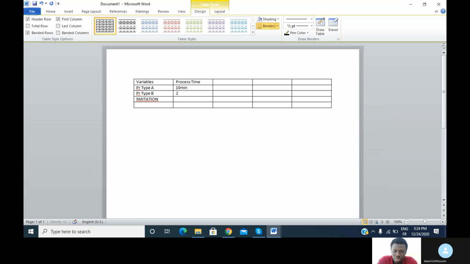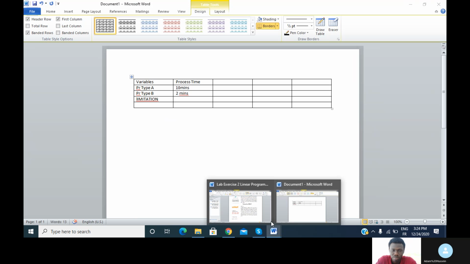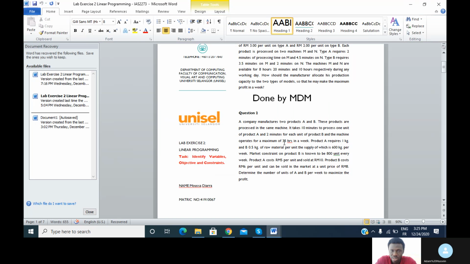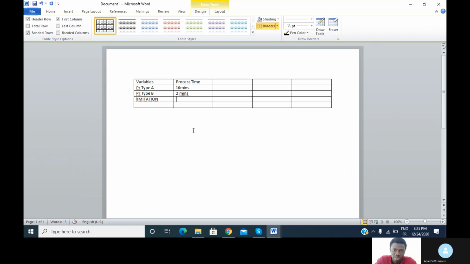Then the limitation is 35 hours per week. 35 hours per week is equal to 2,100 minutes.